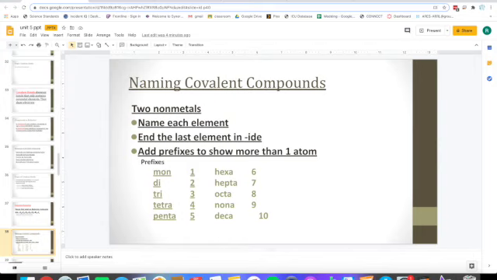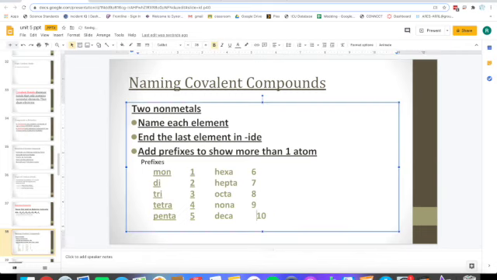Here are the following prefixes. We will typically not have anything more than 5, but I did give you the prefixes for 1 through 10, but I'll just have you write down the first 5. So the prefix for 1 is mon, 2 is di, 3 is tri, 4 is tetra, 5 is penta, 6 is hexa, 7 is hepta, 8 is octa, 9 is nona, and 10 is deca.